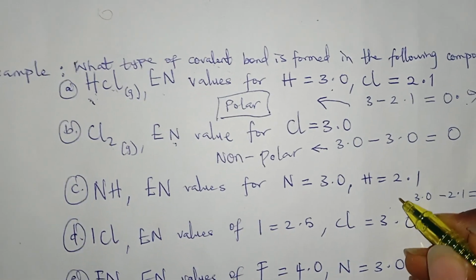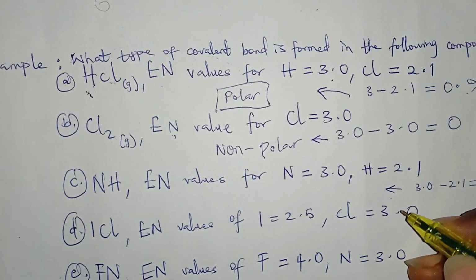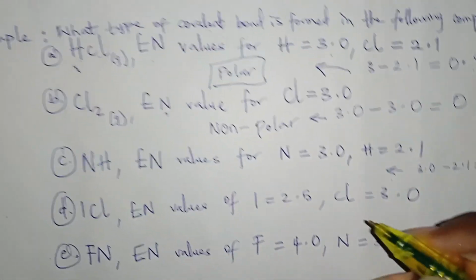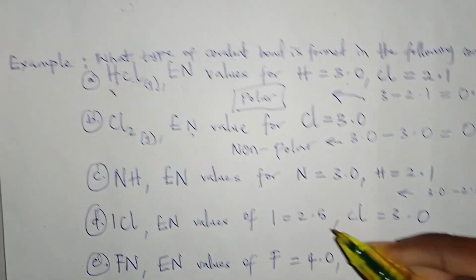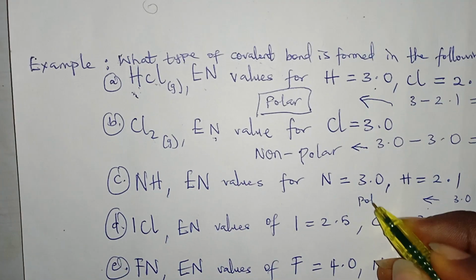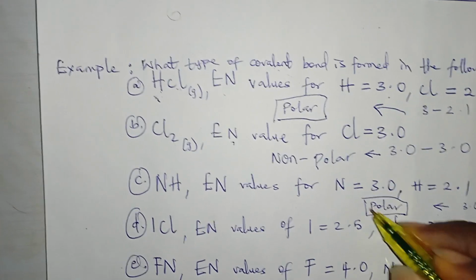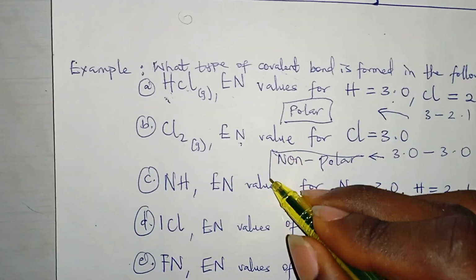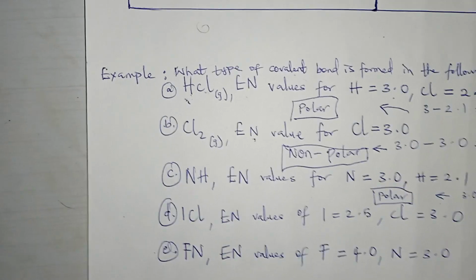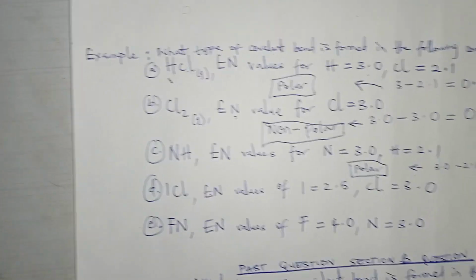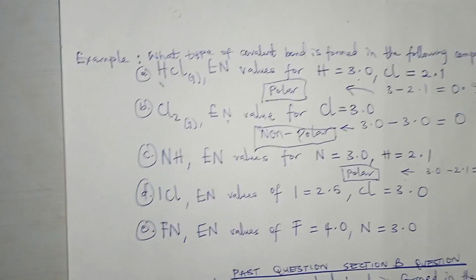And 0.9 happens to be greater than 0.5, but in between 0.5 and 1.9. So this is a polar covalent bond. This is polar. Now this question is in your past question, so we are solving your past question.